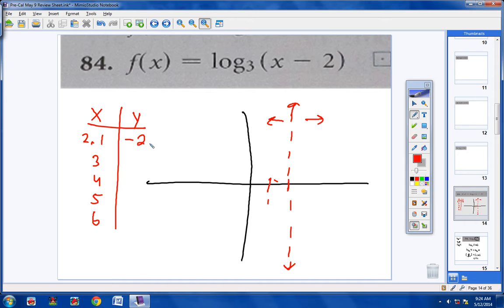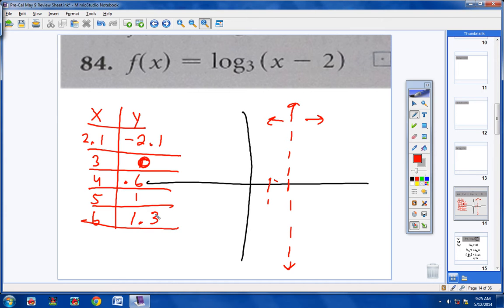Okay, gotcha. And you can round them all, that's fine. 3 would be 0. Yeah, that's right. 0.6. 1.3. Okay, there we go, Caleb.